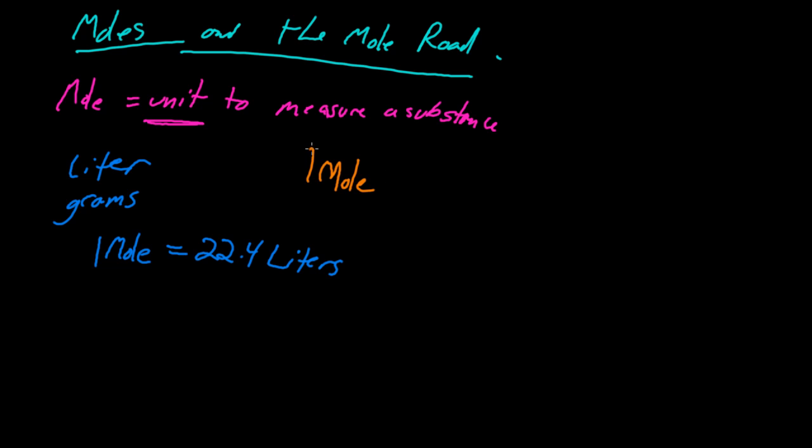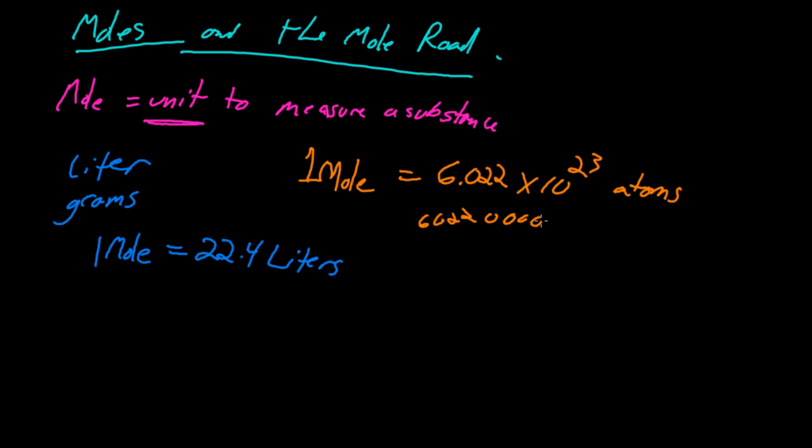Just to put this in perspective, 1 mole is equivalent to 6.022 times 10 to the 23rd atoms. That's the number 6022 with 23 zeros after that.